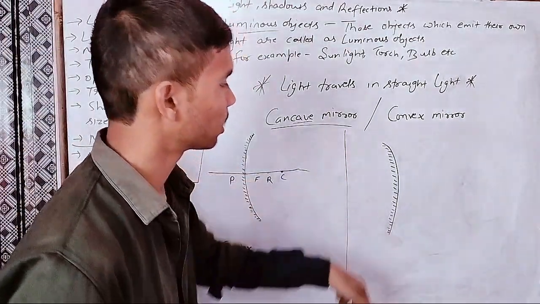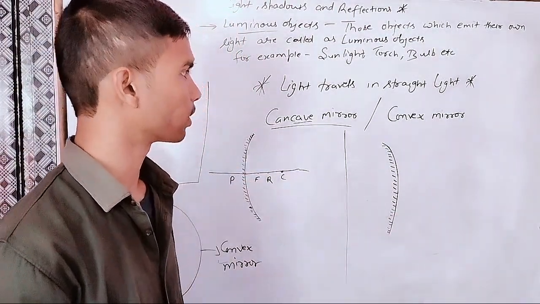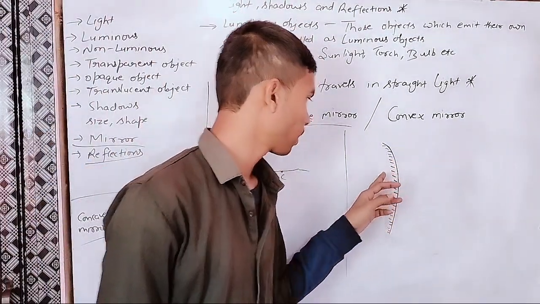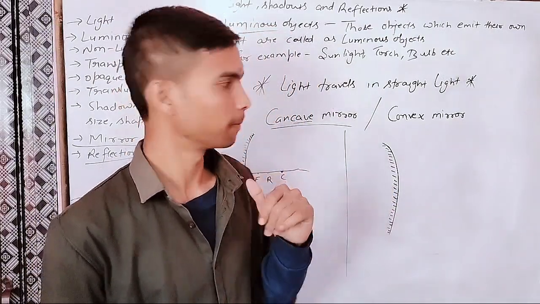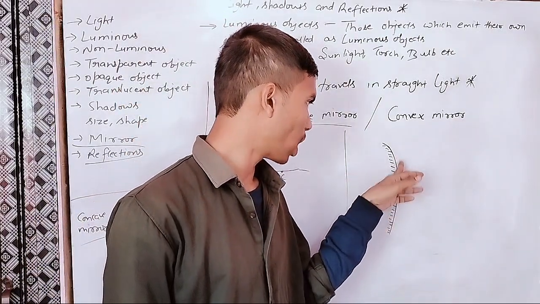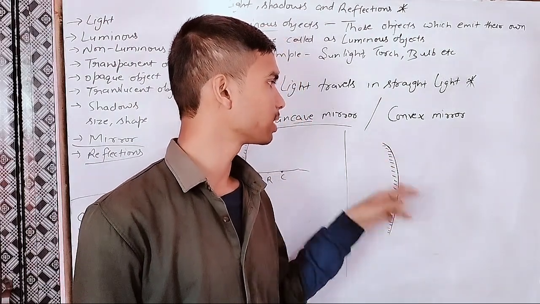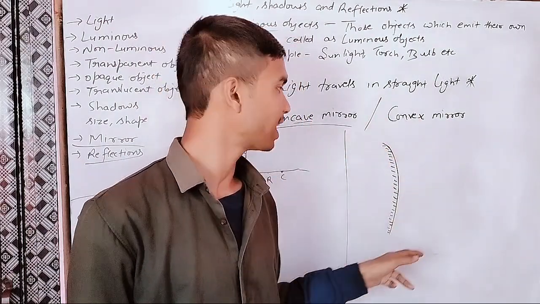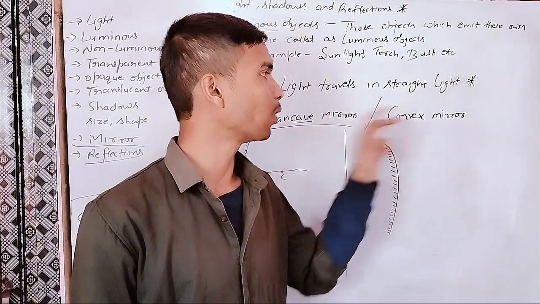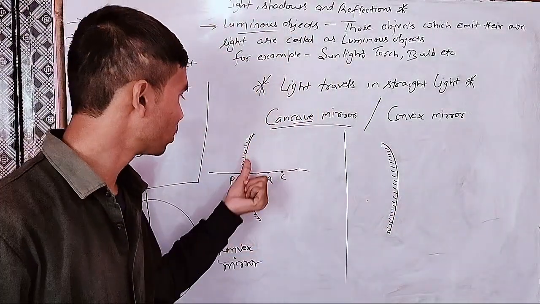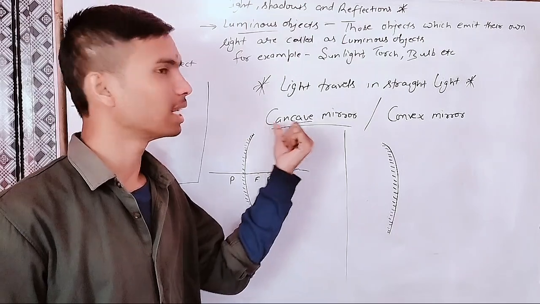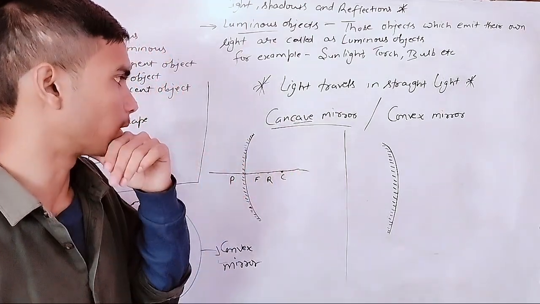This painted area is the painted area of a convex. So here, the inward area is the painted area. This outward surface is the identity of a convex mirror. This outward area, this inward area is the identity of a concave mirror.